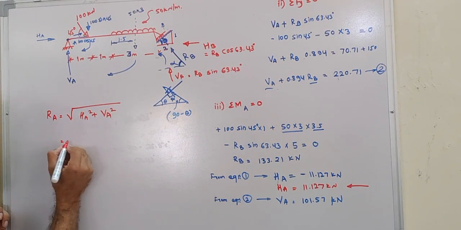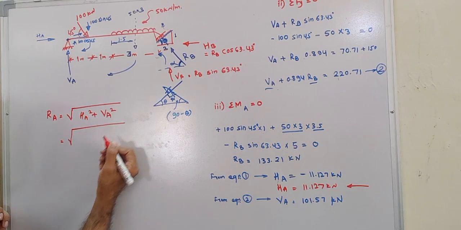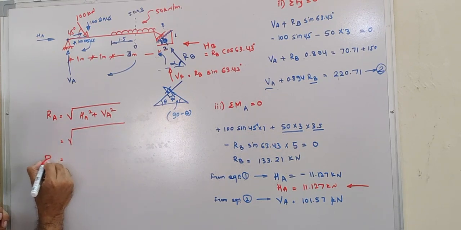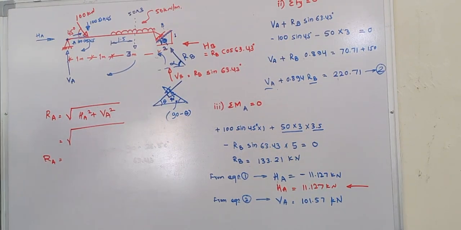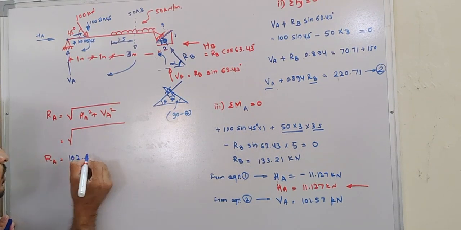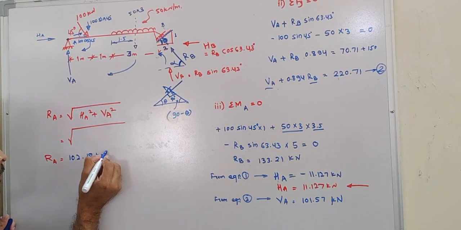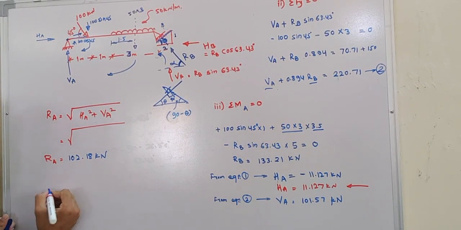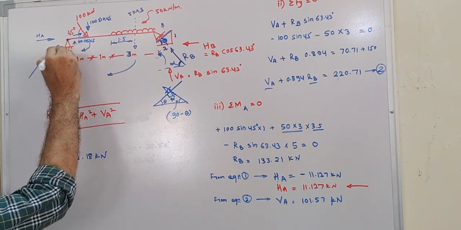So you substitute HA here, and we get finally reaction at A is equal to 102.18 kilonewton. Correct, it's correct.